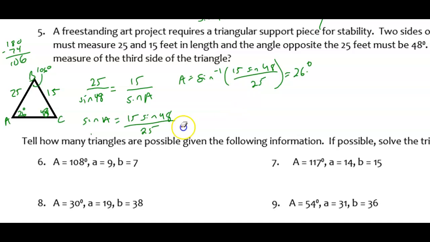Now I'm going to use that to find this missing side B down here. So I'm going to go same ratio right here, 25 over sine of 48 equals side B over sine of 106.